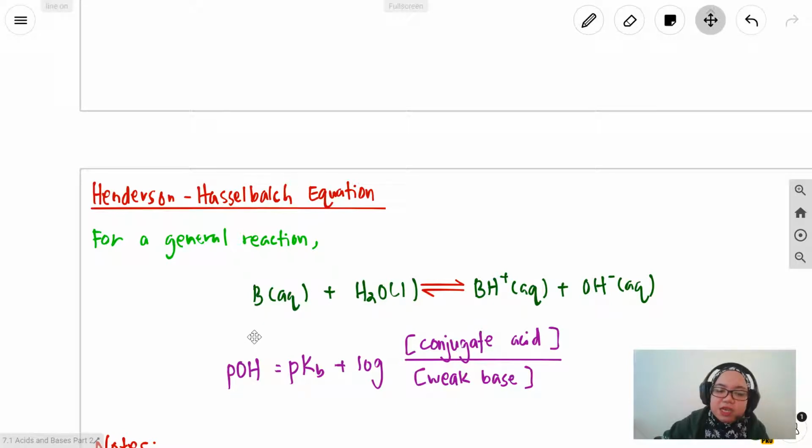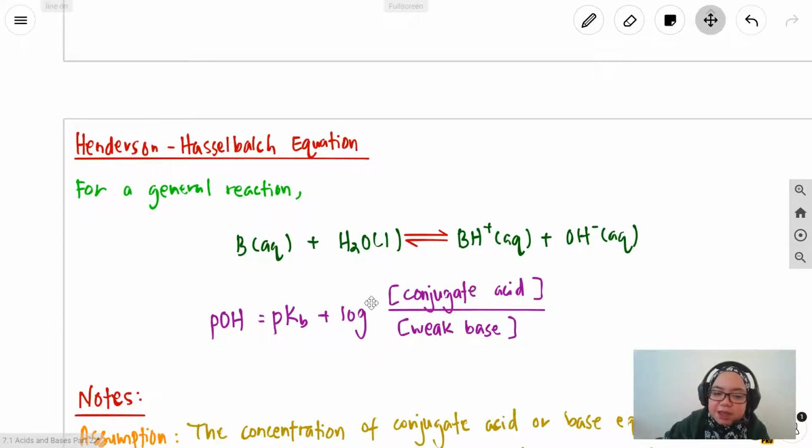Okay, so pOH is equal to pKb plus log of the concentration of conjugate acid divided by the concentration of weak base. So this is how you calculate the pOH for the basic buffer solution.